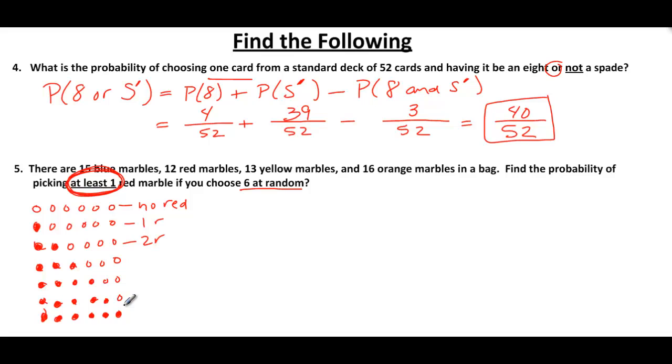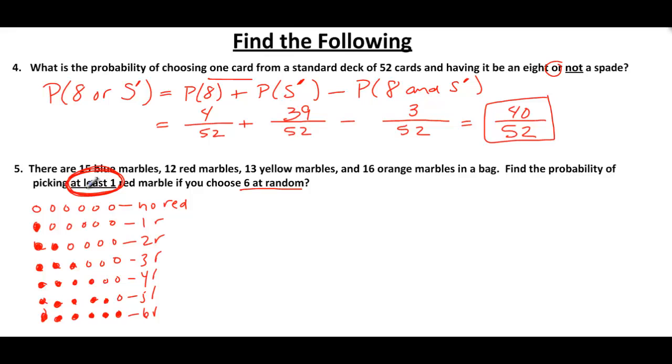So if I'm picking 6, there is a possibility that 3 of them, 4 of them, 5 of them, up to 6 of them are red marbles. So there are 7 different options if I pull out 6 marbles from a bag, and I'm just choosing them, that I get all of them. These are all the possible options for reds.